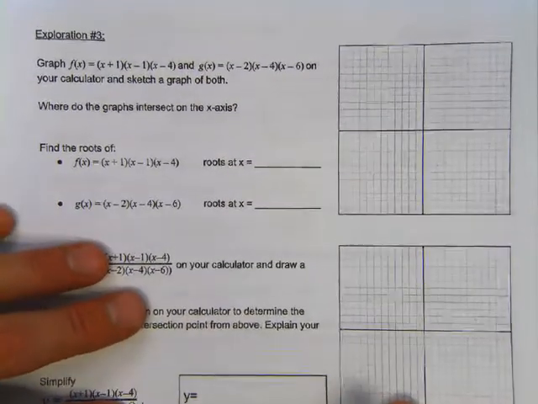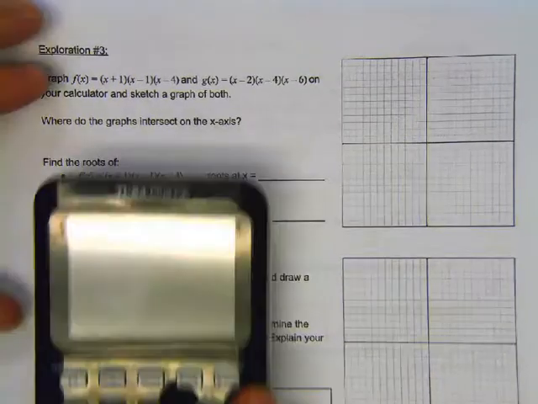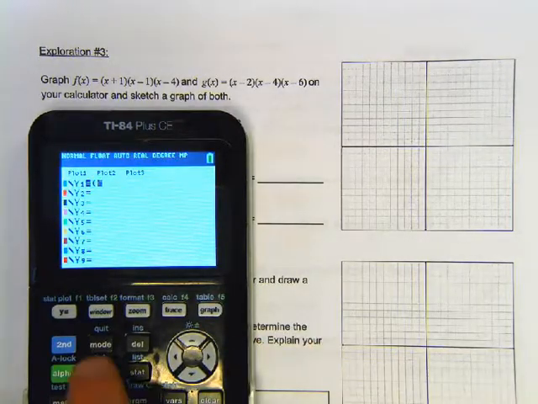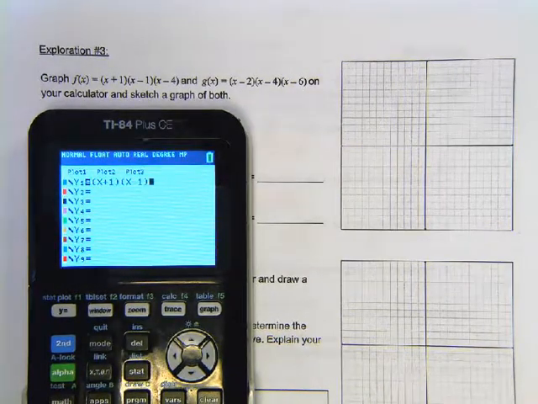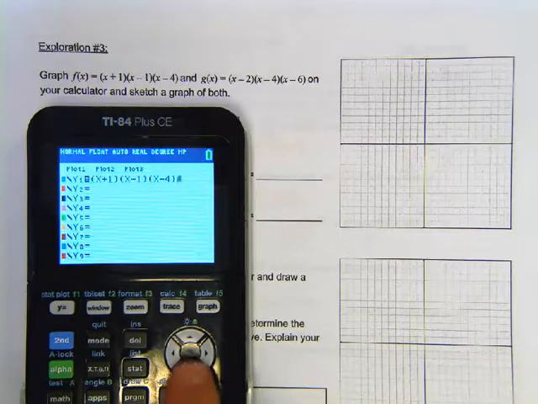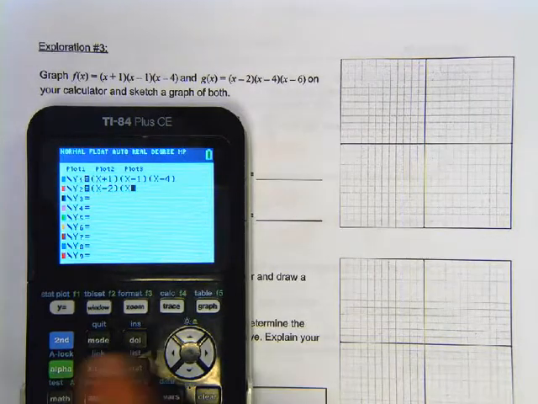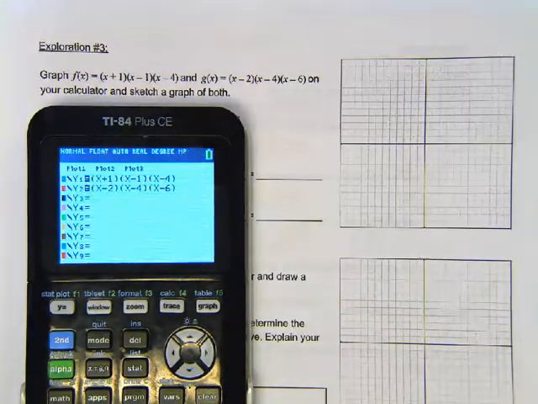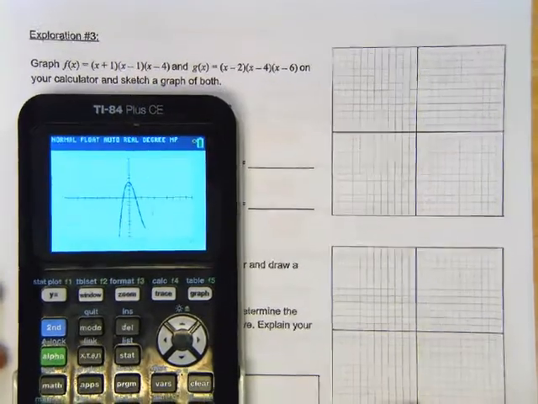Let's flip the page over, do one more. Alright, so we have two functions, f of x, g of x. Let's graph those two and see what it looks like. x plus 1, x minus 1, x minus 4, x minus 2, x minus 4, x minus 6.